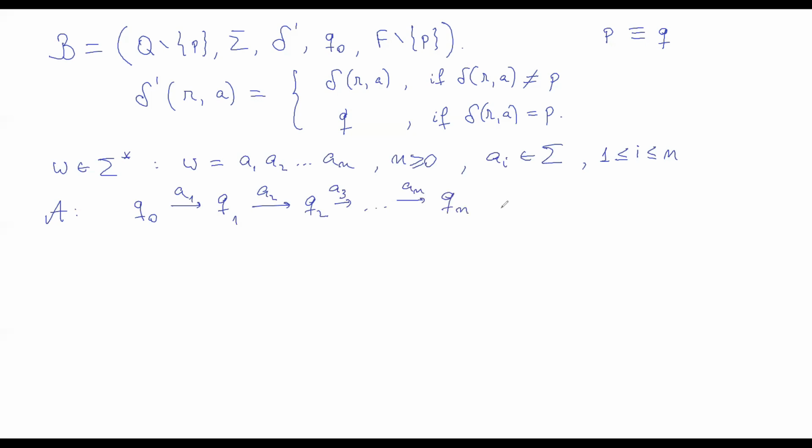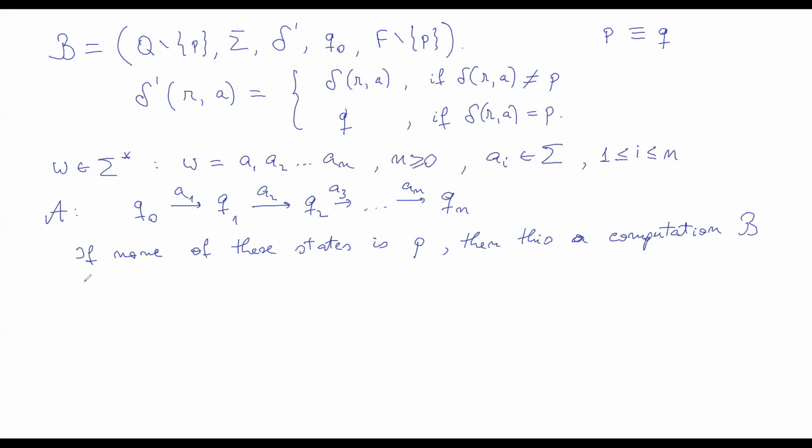And so this is a computation in A, and if none of these states is P, then this is a computation of B as well. So the same computations that A does, also B will do, unless the computation visits state P.